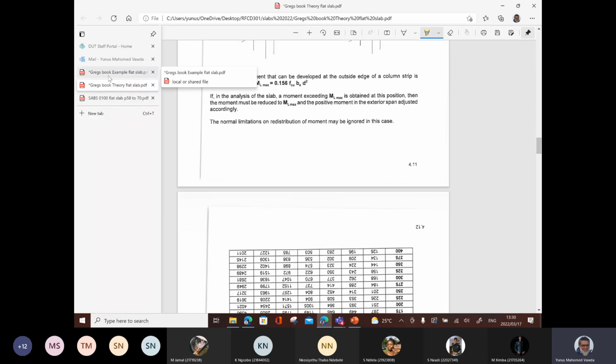There's actually a number of examples which are very, very useful because there's examples of a panel with just a column. Then there's one with a drop, and then there's one with a drop and a flared head, and then there's just one with a flared head without a drop. So we've only got one.